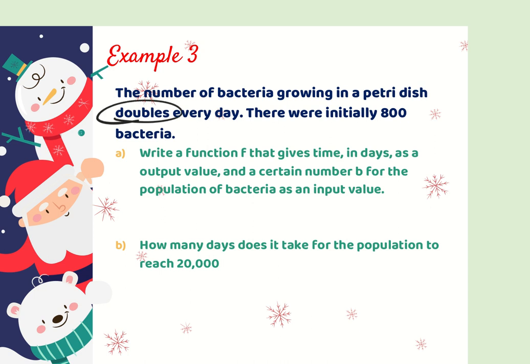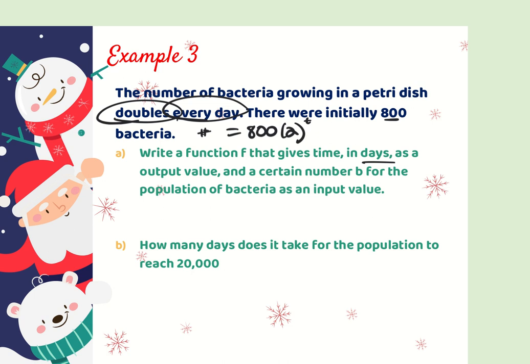So this is a double-life. We normally have it equal to the amount of bacteria, right? So the number of bacteria equals 800 times 2, and it says it doubles every day. So if this is in terms of days, then it's just t over 1, or just t. If it said it doubled every 10 days, it would be t over 10, okay?